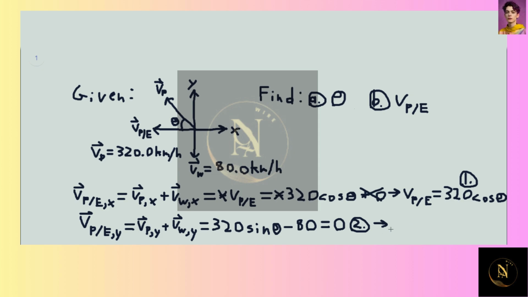So I'm going to get theta is equal to inverse sine of 80 divided by 320. Okay, so if I compute this, I'm going to have an angle theta.